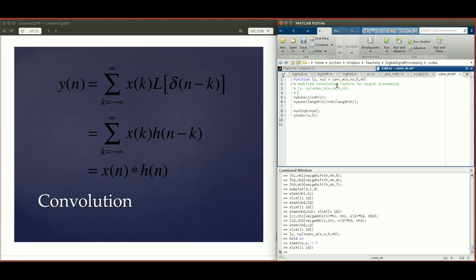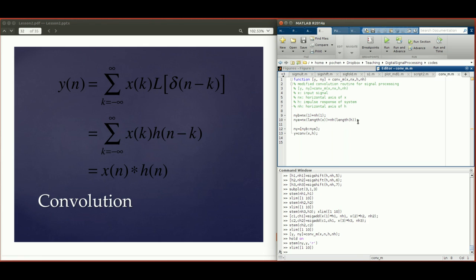Let me explain: x is the input signal, nx is the horizontal axis of the input x, h is the impulse response of the system, nh is the horizontal axis of h. Basically, that's going to be our documentation of this particular function, right?